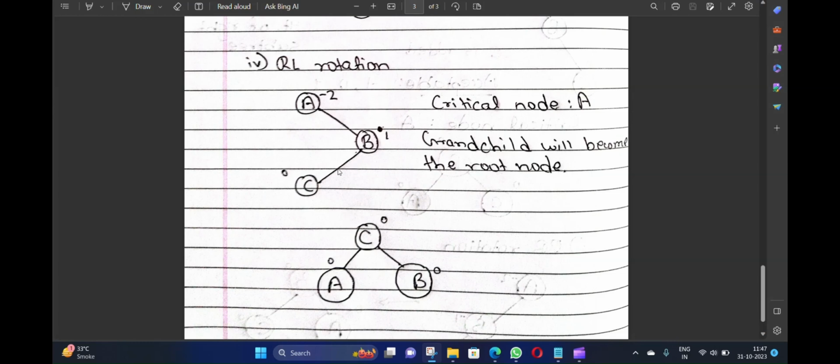For B, it has one node in the left subtree, that is 1, and 0 in the right subtree, so 1 minus 0 is 1. For A, it has no nodes in the left subtree, that is 0, and two nodes in the right subtree, that is 2. 0 minus 2 is minus 2.